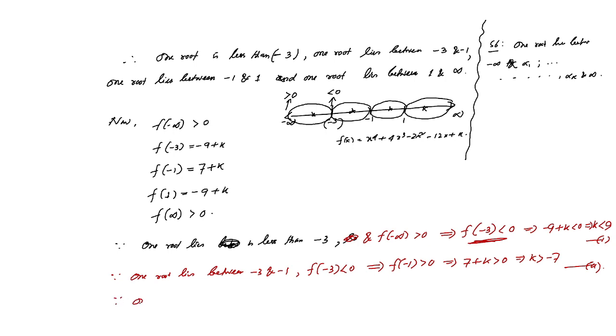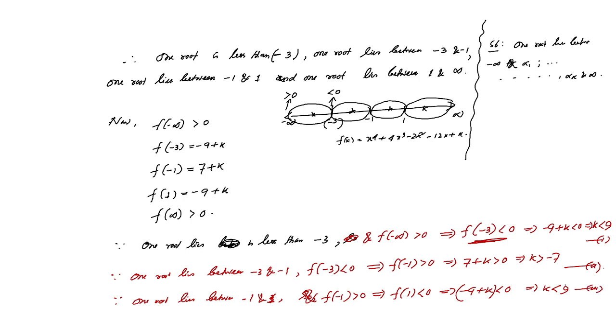Again, since one root lies between -1 and 1, and f of -1 is greater than 0, that implies f of 1 is less than 0. That means -9 plus k less than 0, so k is less than 9.